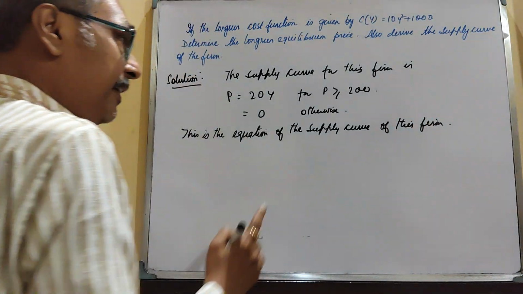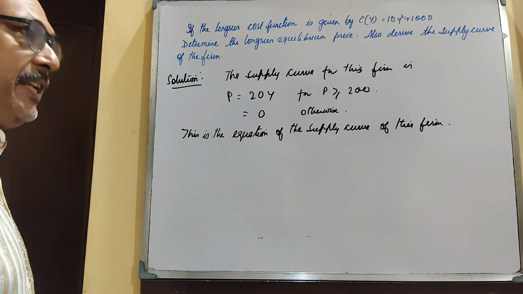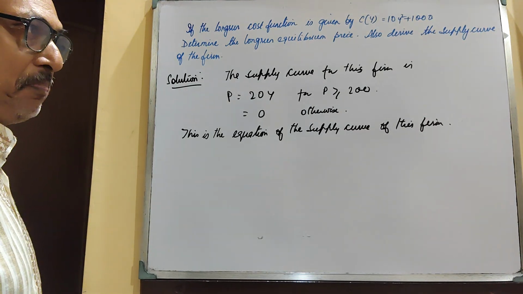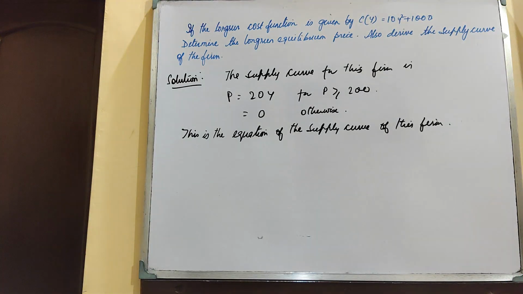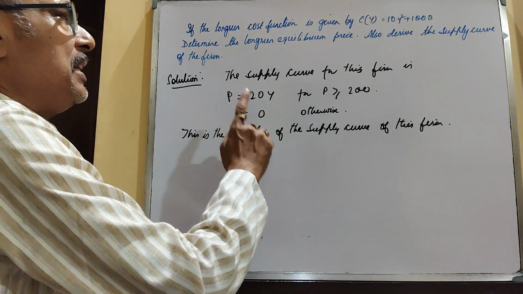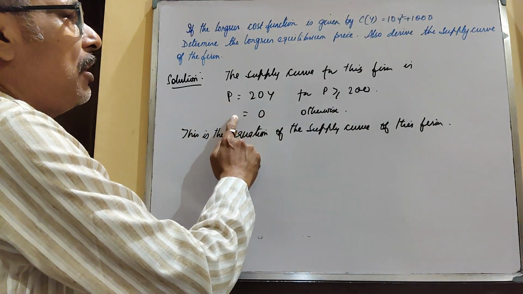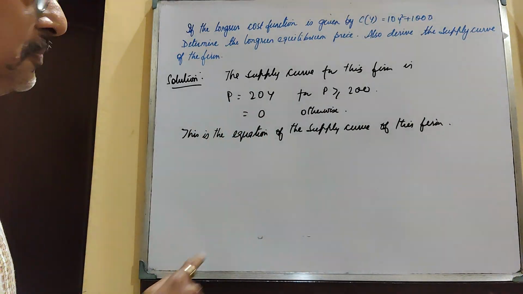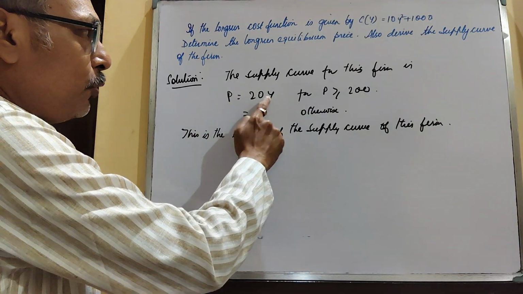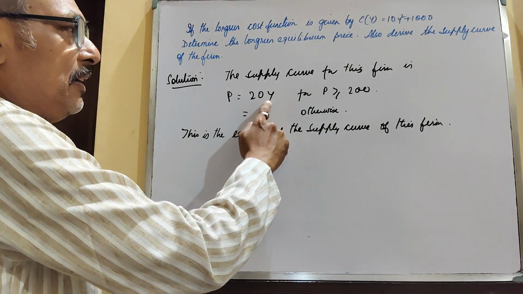The firm is under perfect competition because supply curve exists only under perfect competition. Supply curve does not exist under imperfect competition. That's why the firm is in perfect competition. And this is the equation of the supply curve, P equals 20y. This is the equation of the inverse supply curve.